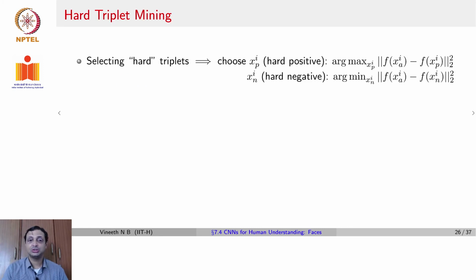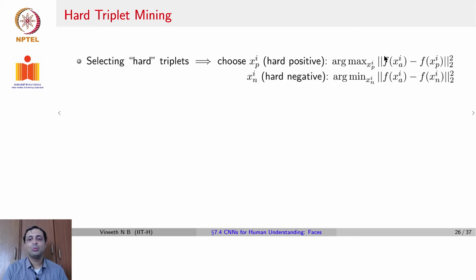So you could first choose what are known as hard triplets. Given a mini batch of triplet samples that you're going to use to train this neural network, you could choose only the hard positives and the hard negatives. What are hard positives? Where f of xa minus f of xp is maximized.